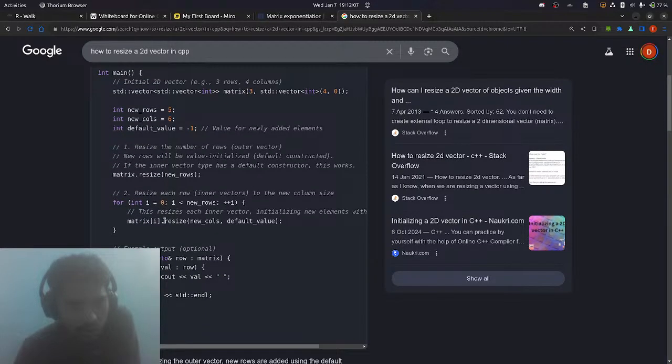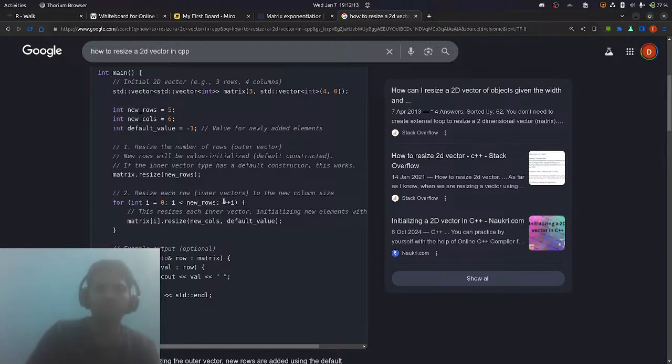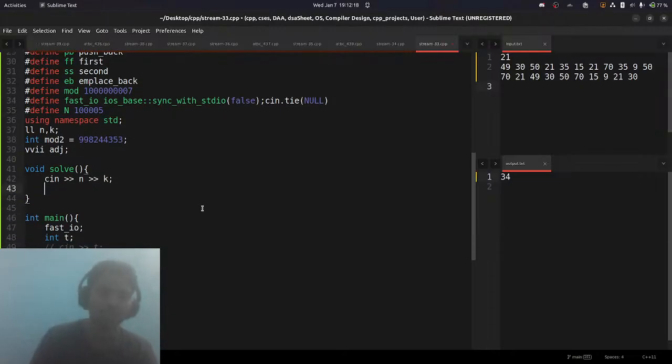Resizing it. Okay. Sorry. adj dot resize n, and for i in 0 to n, adj[i] dot resize n, and probably we will do the same here.